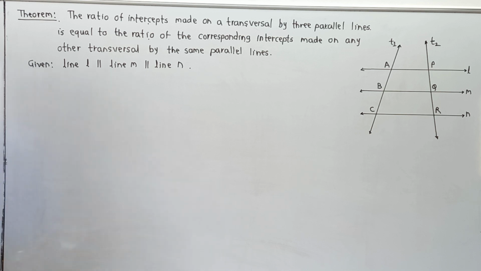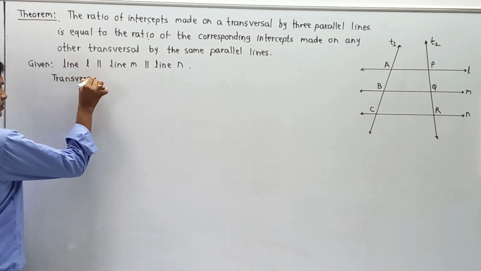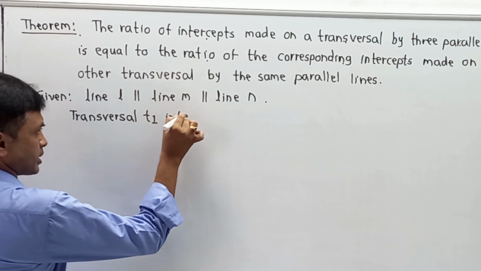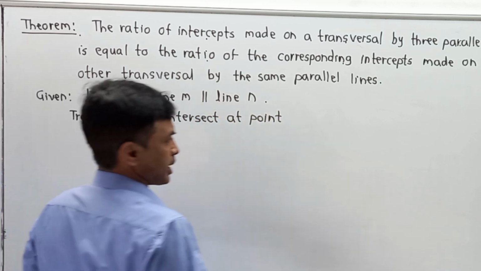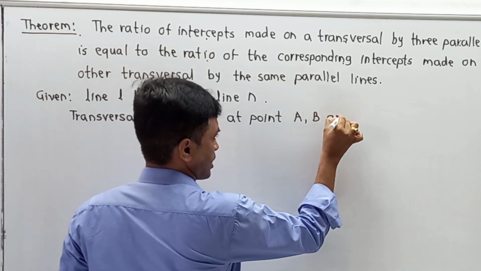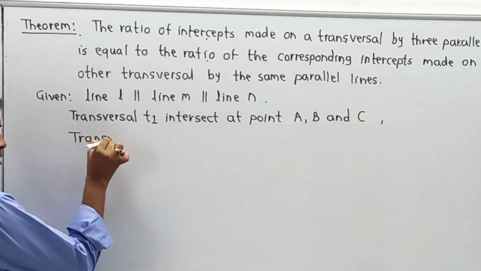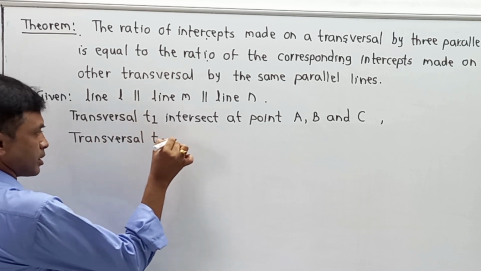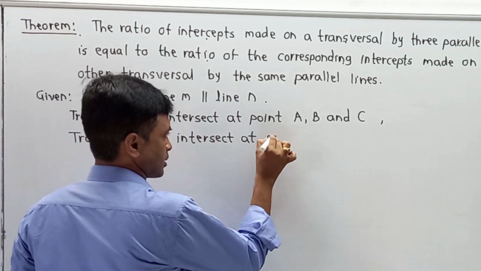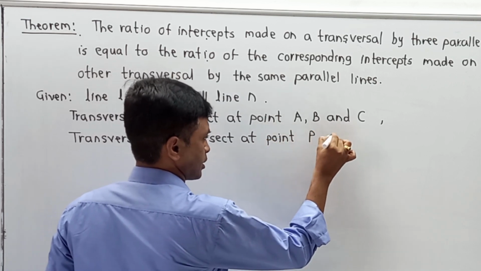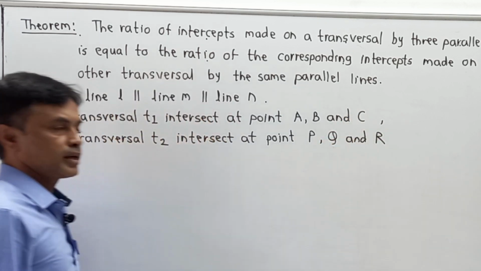After given, we go to a more descriptive part. हम ज़रा ज़्यादा descriptive part में चले जाते हैं, and that part is transversal T1 intersects at points A, B and C, and transversal T2 intersects at points P, Q and R respectively.